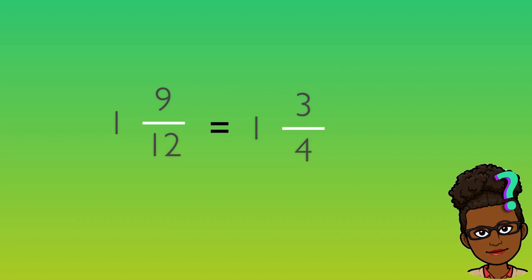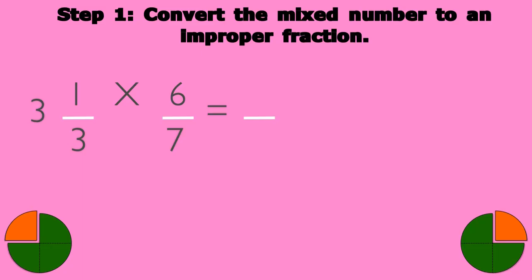Excellent job. Let's look at this. 3 and 1/3 multiplied by 6 sevenths. Remember, our first step is to convert the mixed number to an improper fraction. What is 3 and 1/3 as an improper fraction?